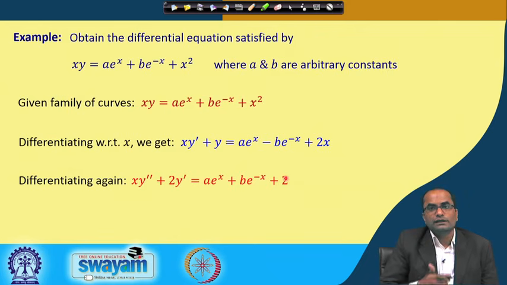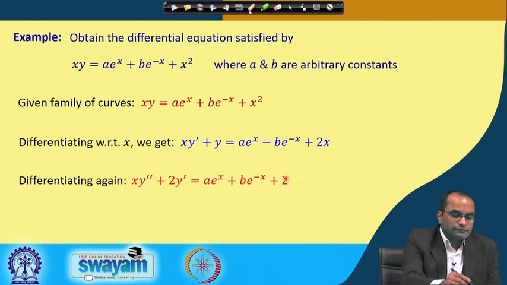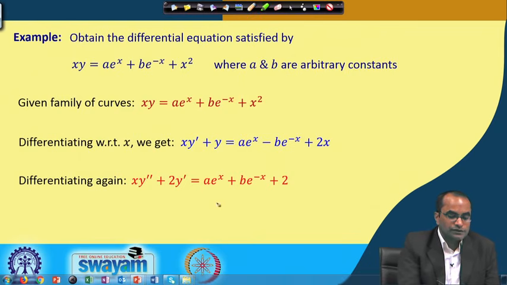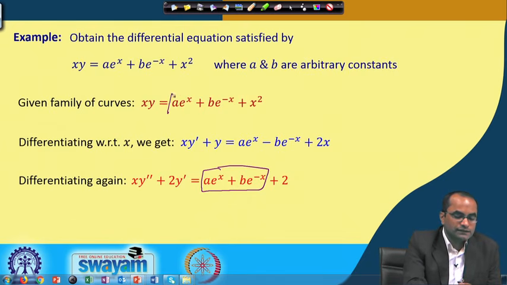So, now we have already differentiated this 2 times, and now we want to eliminate these constants. So, what do we see here, that a e power x plus this b e power minus x is also there in this given relation.